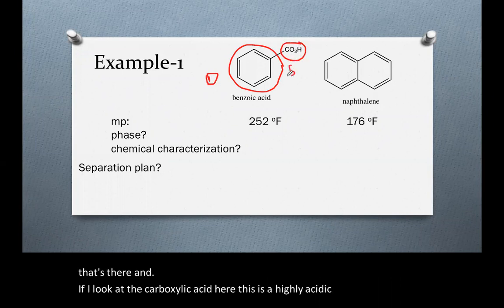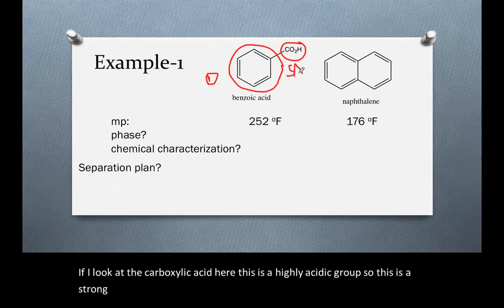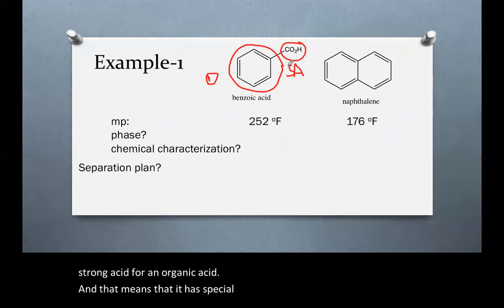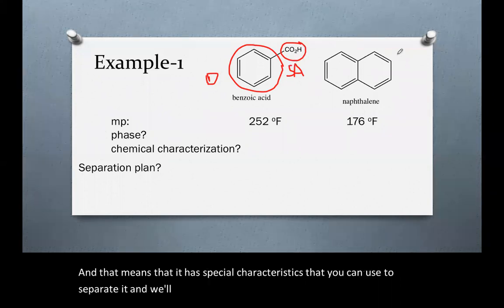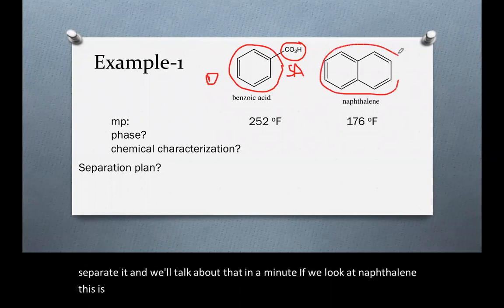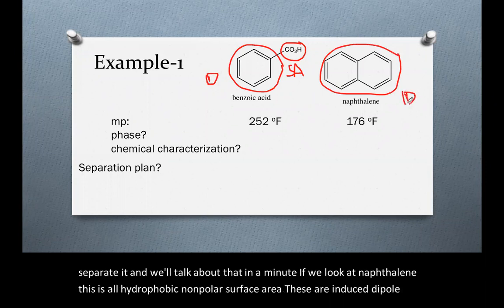So this is a strong acid for an organic acid. And that means that it has special characteristics that you can use to separate it. And we'll talk about that in a minute. If we look at naphthalene, this is all hydrophobic, non-polar surface area. These are induced dipole interactions.